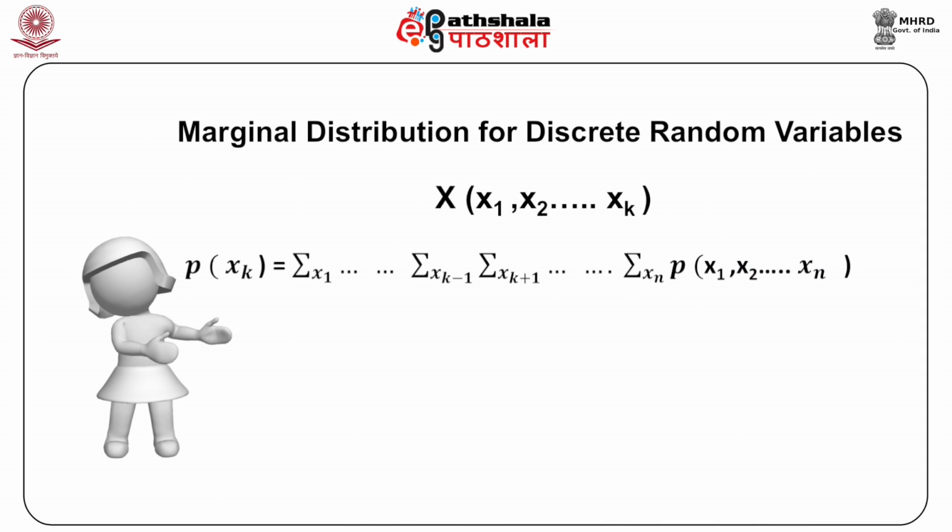Marginal distribution for discrete random variables. The marginal probability distribution of the kth random variable in the n-dimensional random variable X (x1, x2 to xn) is the probability distribution of the individual xk variable and is equal to p(xk), which is the summation over x1 to x(k-1), x(k+1) to xn of the probability of (x1, x2 right up to xn).